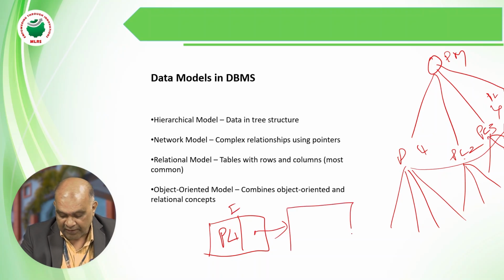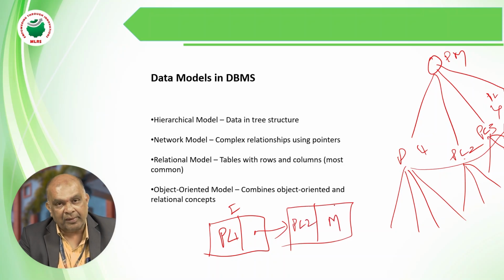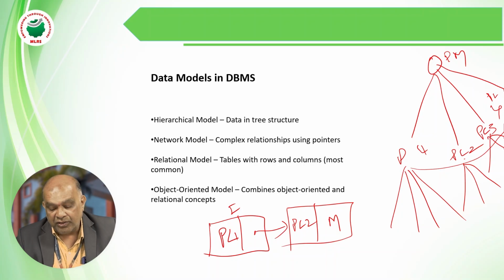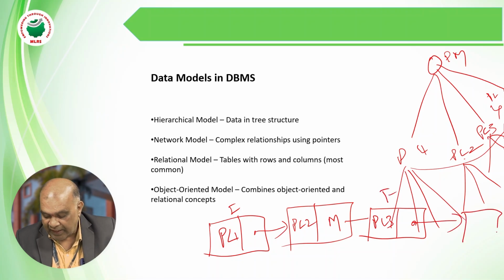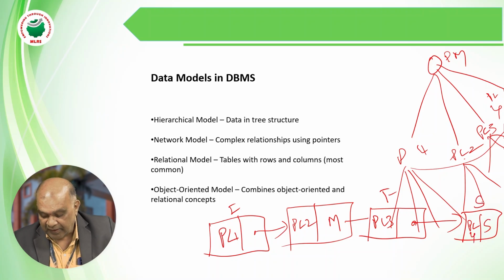Project leader 2 belongs to the manufacturing department. So one common module will be developed by these different project leaders. He is in contact with the next project leader 3, who is working in the finance department. He is in contact with project leader 4, in the shipping industry. So finance is linked to shipping. So it is a network model.